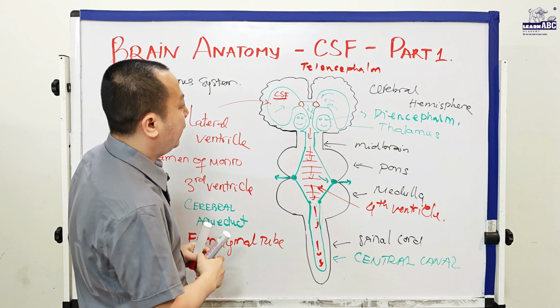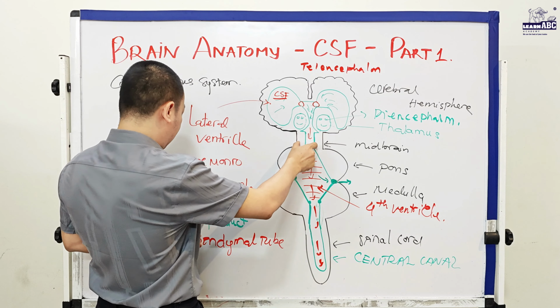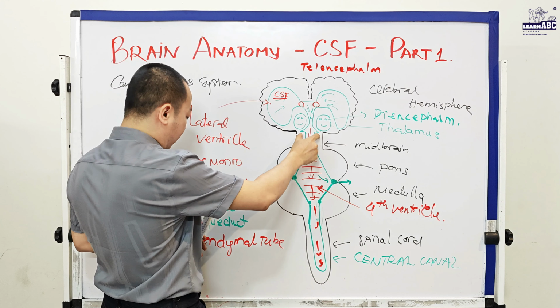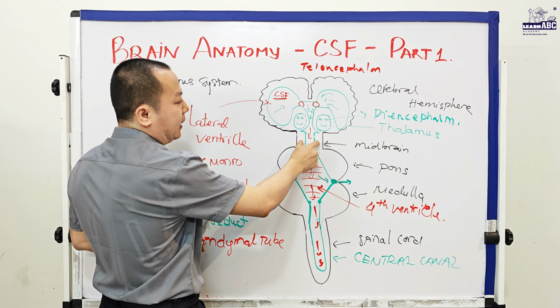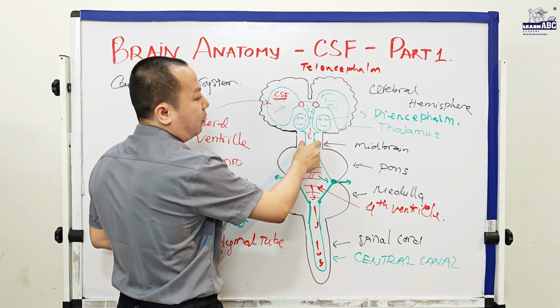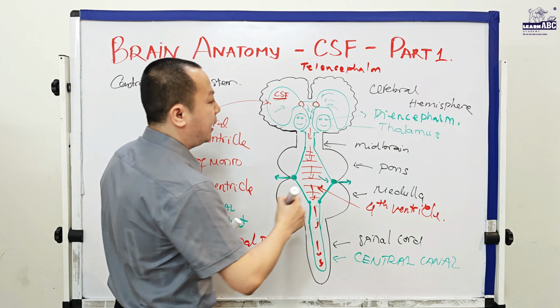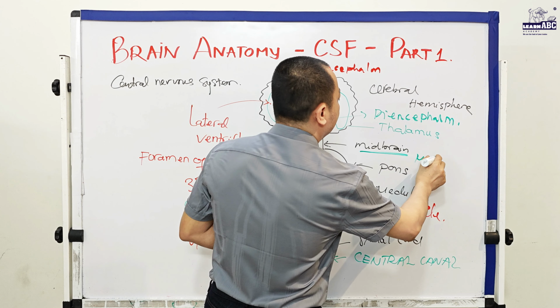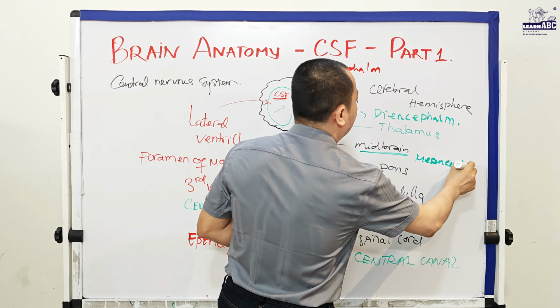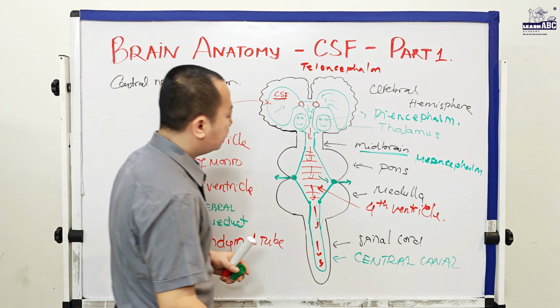And now we come to here, the cerebral aqueduct or ependymal tip, and this space, or this cavity, we call the cavity of the midbrain. And the midbrain we also call the mesencephalon.